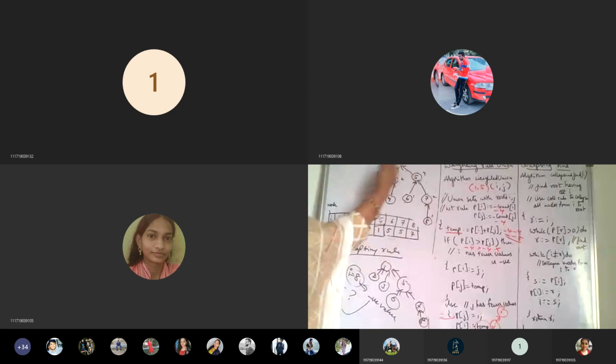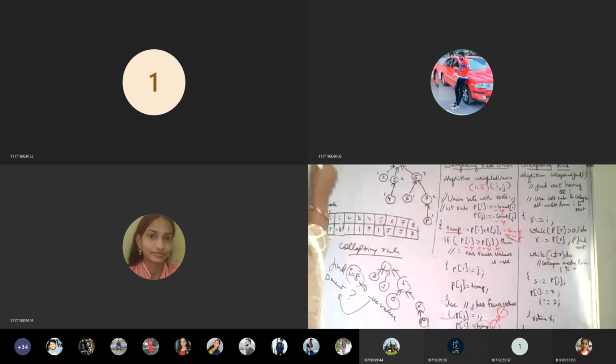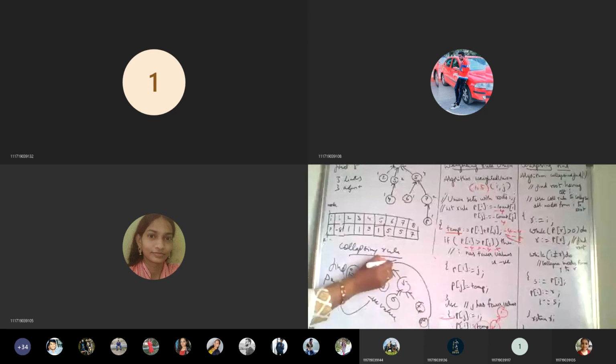Okay, so what are we doing? 1, 2, 3 links we are taking. So in order to find it, 3 links for reaching, and 3 links for adjustment again. So what adjustments? This will be removed and this will be attached here, and this will be removed and this will be attached, and anyway this is attached here.